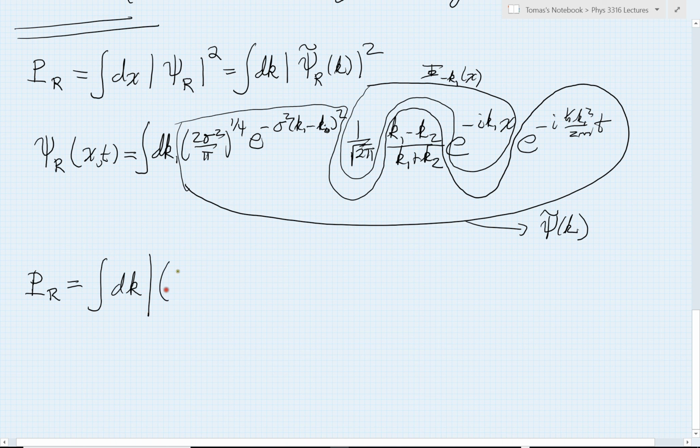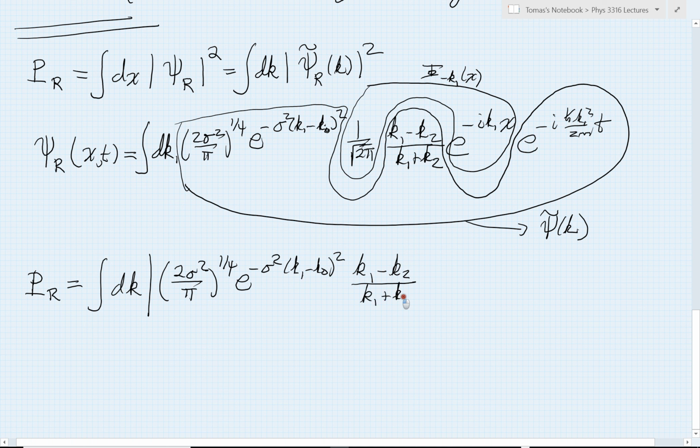Then if I copy all my factors properly, I have (2σ²/π)^(1/4) e^(−σ²(k1 − k0)²), it's a Gaussian quantity squared. Then I have my interesting factor (k1 − k2)/(k1 + k2), which remember is technically a function of k1.